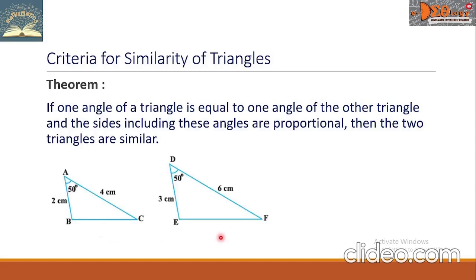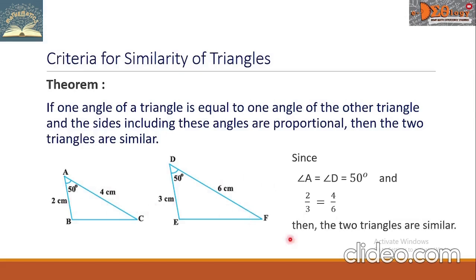Example, we have the two triangles here. We can see that angle A is equal to angle D, both equal 50 degrees, and 2 over 3 equals 4 over 6. Then the two triangles are similar.